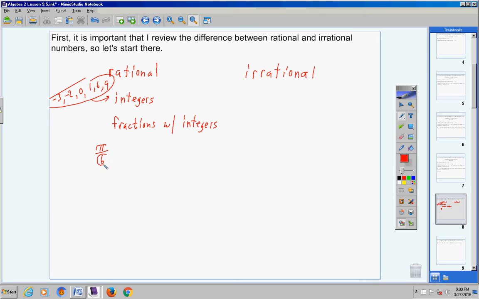Is this an integer right here? Yes, it is. But is this an integer? Not at all. An integer is positive and negative whole numbers and 0. So, a rational number is a fraction that has integers. So, 6 over 7 is rational. Is 6 an integer? Yes, it is. Is 7 an integer? Yes, it is.